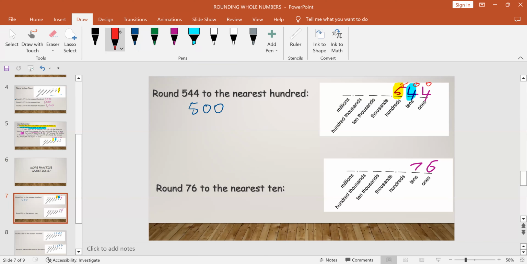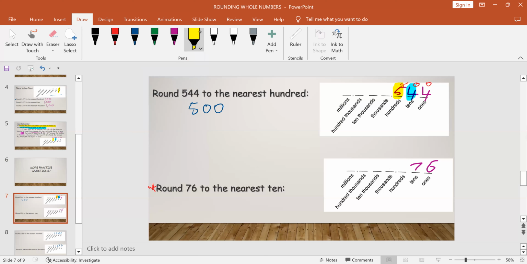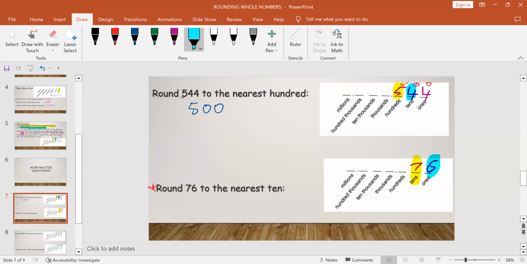Okay, for this question, 76 to the nearest 10. First of all, we locate. Again using yellow, that 7 represents the 10. We check on the right side, and we have a 6. Is it 5 or greater?